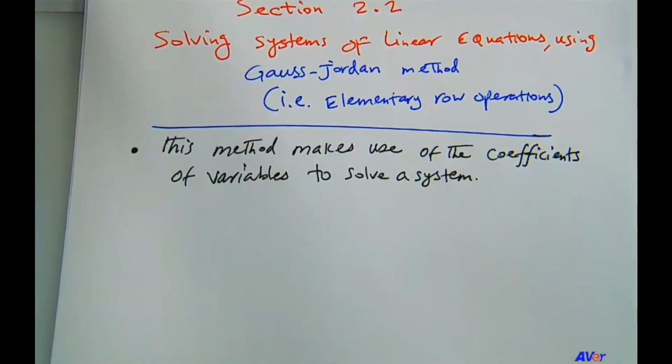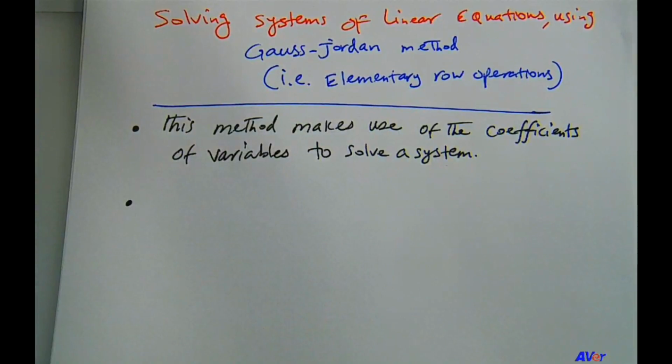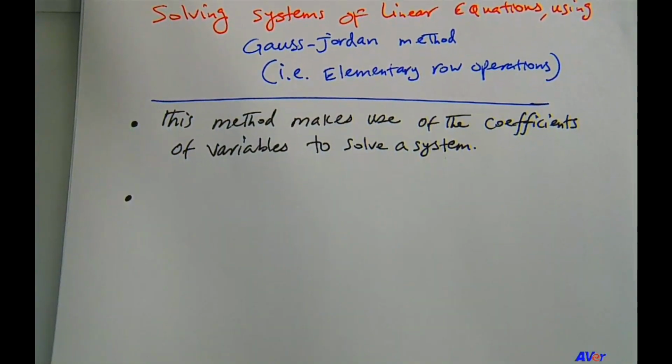To solve a system, that initial matrix of the coefficients that we create before starting the steps to solve the problem is called the augmented matrix.